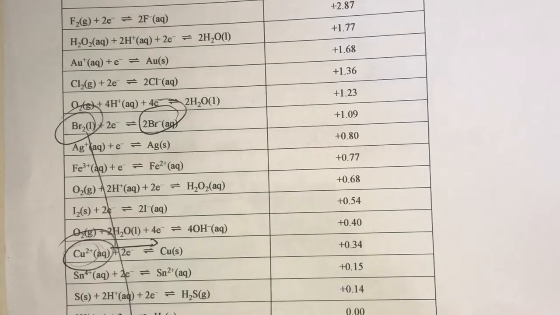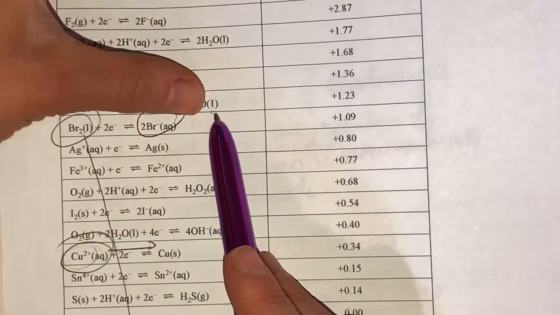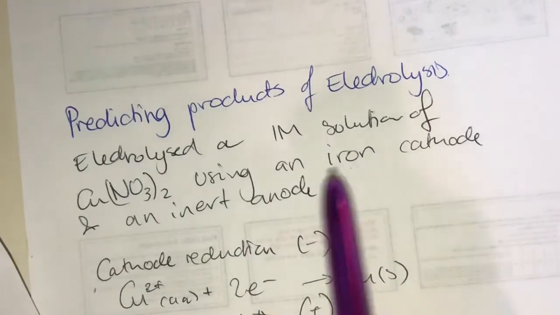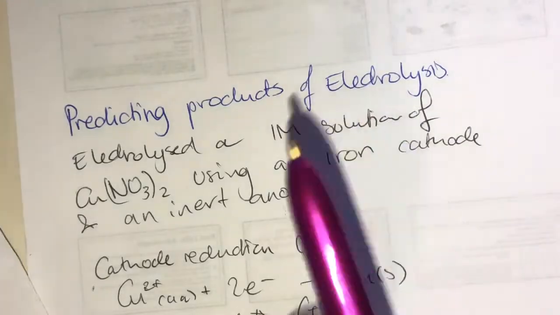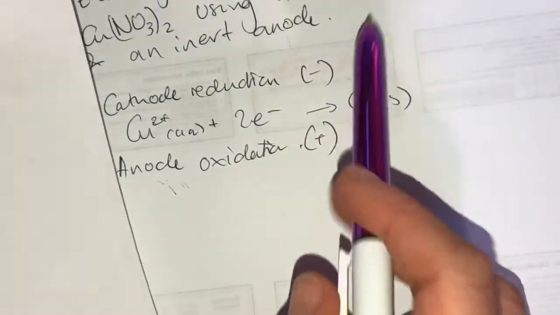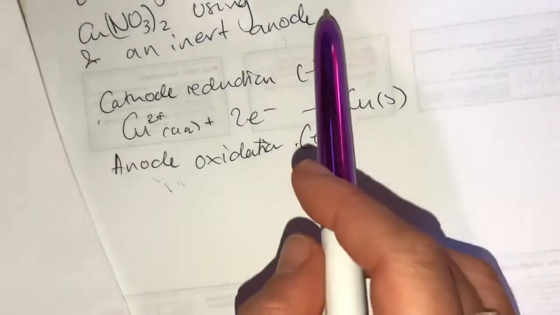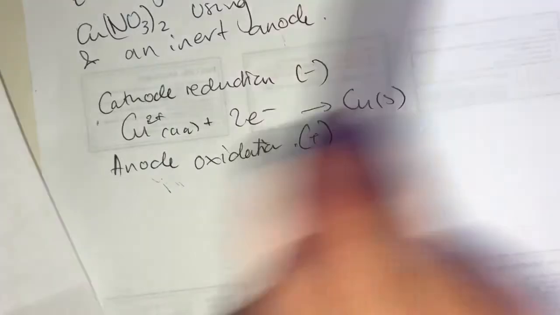What reductants are present? Well, nitrate's not there, so don't worry about nitrate. We've got water there. You could be fooled into thinking we have iron there, but we don't have iron at the anode. It needs to be at the anode to actually be able to react. So even though iron is a stronger reductant than water, it can't react at the cathode.